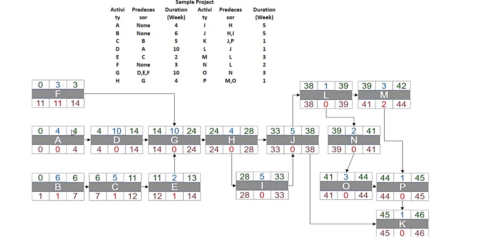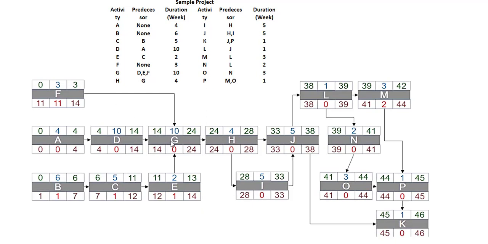So the early finish time is 4, that is, in the 4th week this activity will be completed. Similarly, as D follows activity A, D will start in the 4th week and it requires a duration of 10 weeks. So it will be completed in the 14th week.